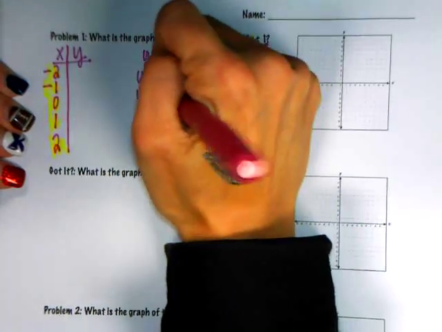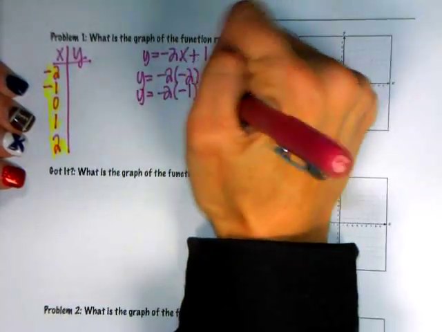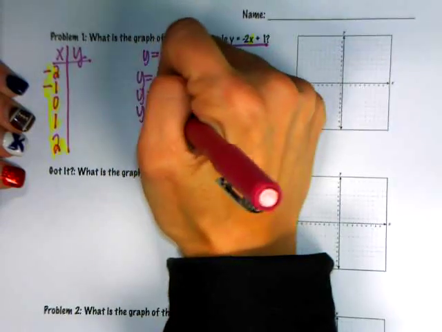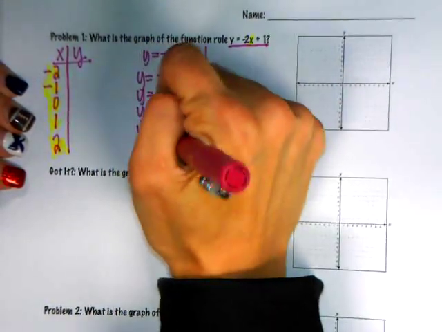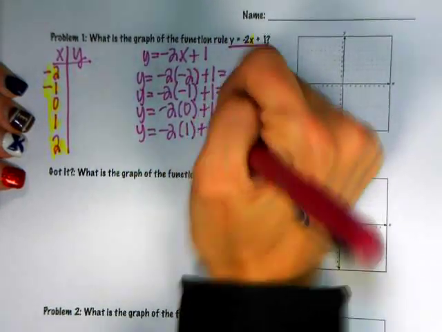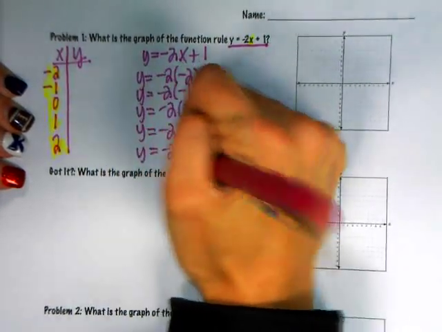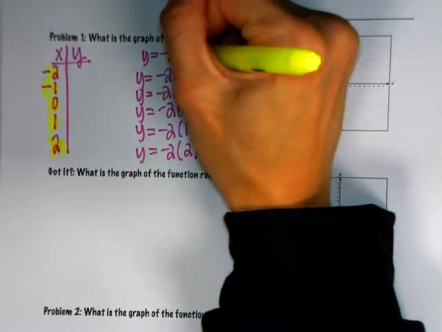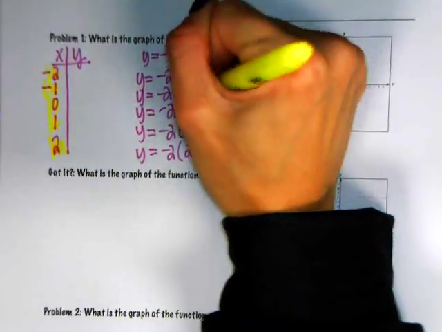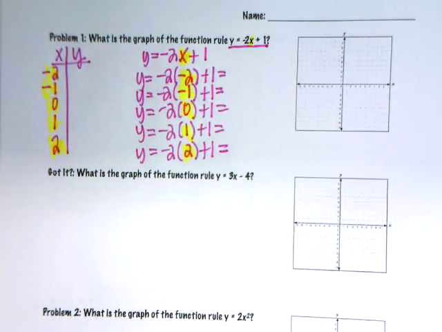Y equals -2 times -1 plus 1. Then 0. Then 1, and then 2. So you're just replacing the x with the numbers that you pick, okay?